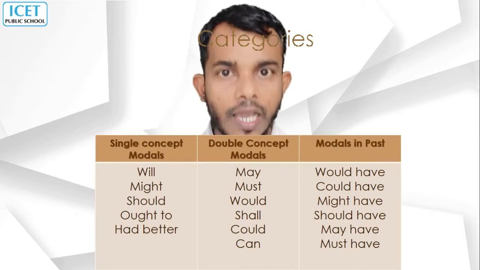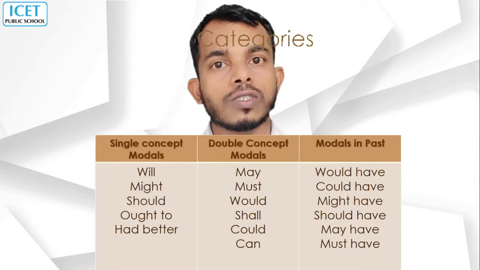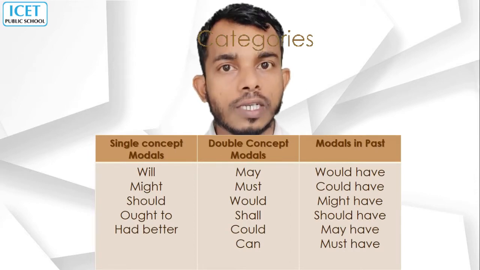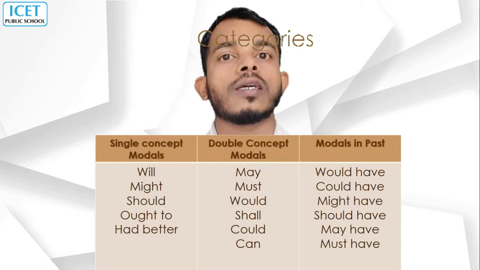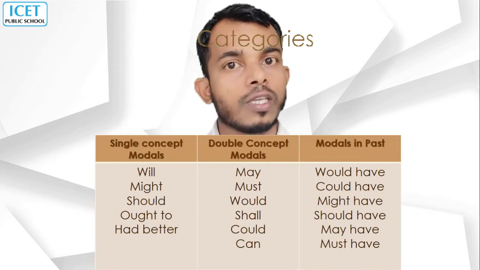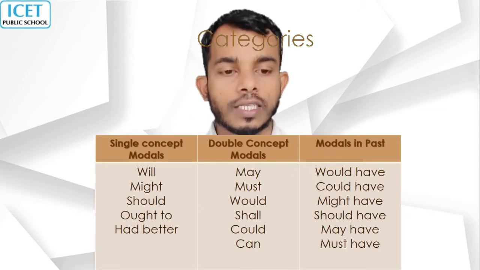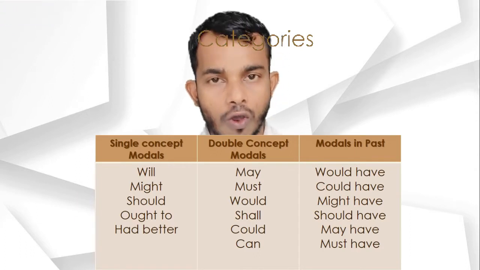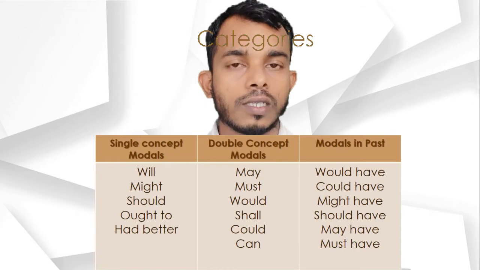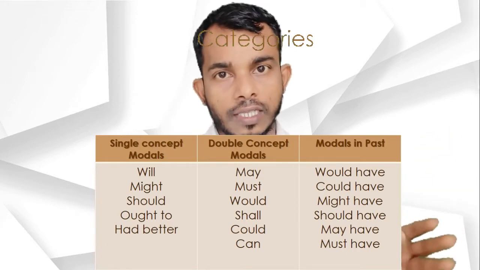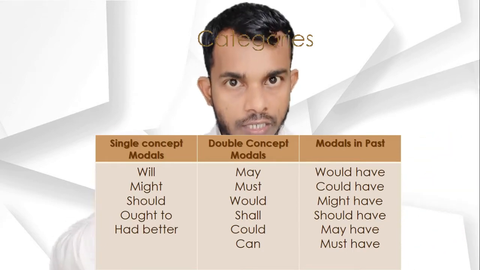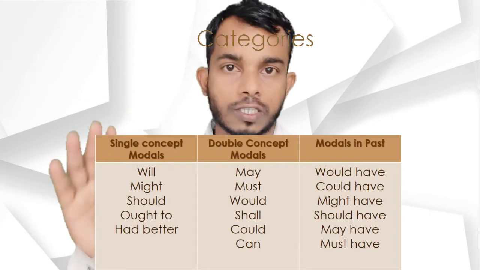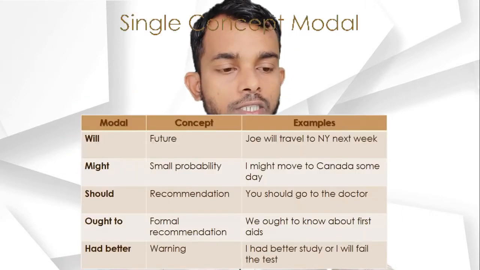When you are reading a sentence using may, it has more than one meaning, and you can take the suitable one. That is the double concept. And modals in past: would, could, might, should, as in should have, could have, can be used to refer to past incidents and past actions.